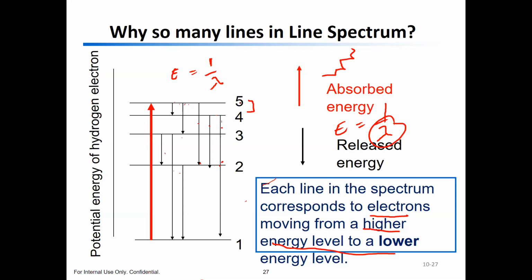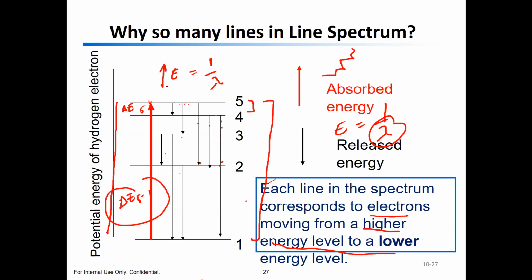So 5 to 4, is that a small one, and then what's the other one, 5 to 3 you said? 5 to 1. Okay, 5 to 1. So this is delta E. Which delta E is bigger? 5 to 1, right? This one's 5 to 4. So 5 to 1 has a bigger E.